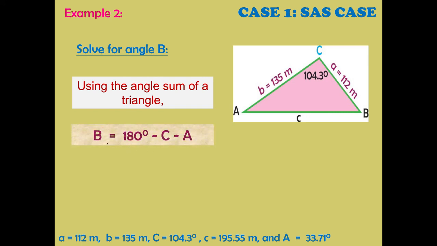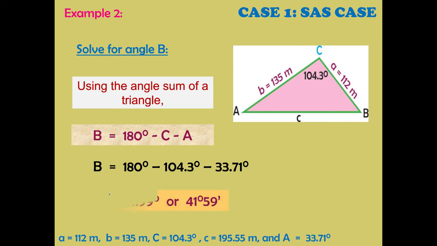Therefore, angle B will be equal to 180 degrees minus angle C minus angle A. Substituting the values for angles C and A, angle B is equal to 41.99 degrees or 41 degrees 59 minutes.